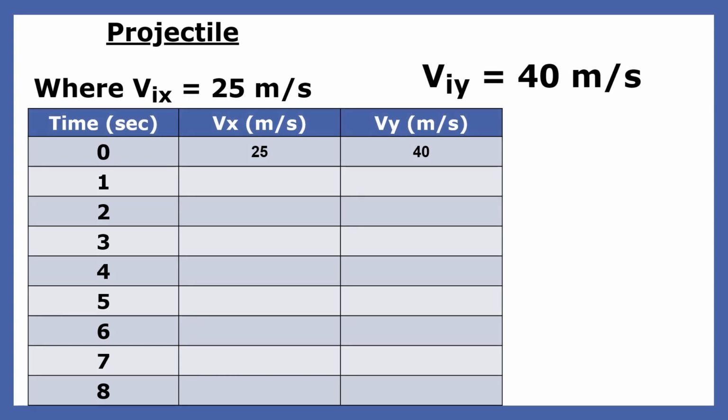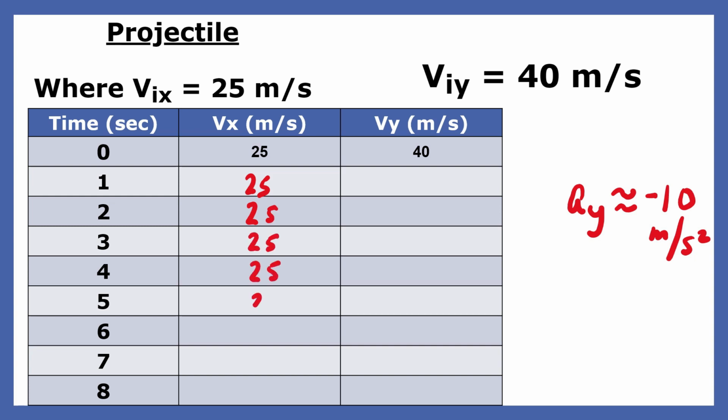Let's look at the projectile's horizontal and vertical velocity each second after it's thrown. To keep the math simple, I'm going to round the acceleration due to gravity from negative 9.8 to negative 10. That's not allowed on your test, but it's a good thing to do when you're trying to learn. Since the vertical force of gravity only changes the projectile's vertical velocity, the horizontal velocity maintains its initial speed of 25 meters per second the whole time it's in the air.